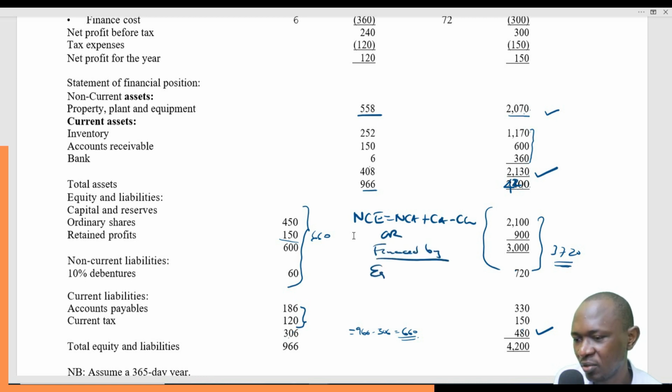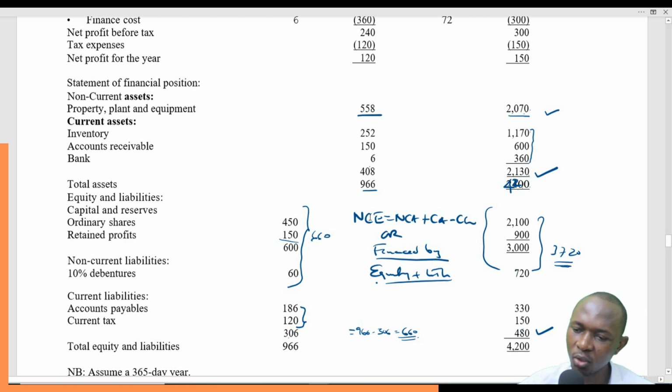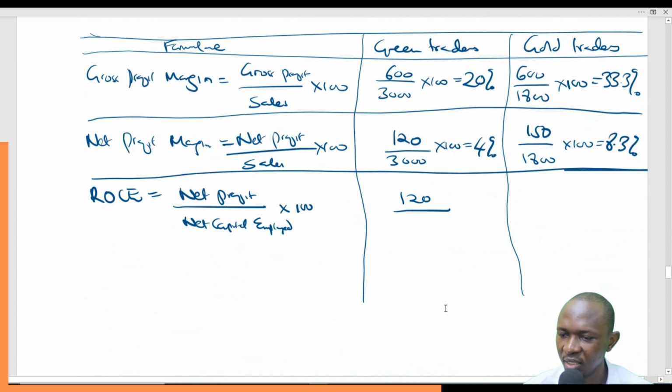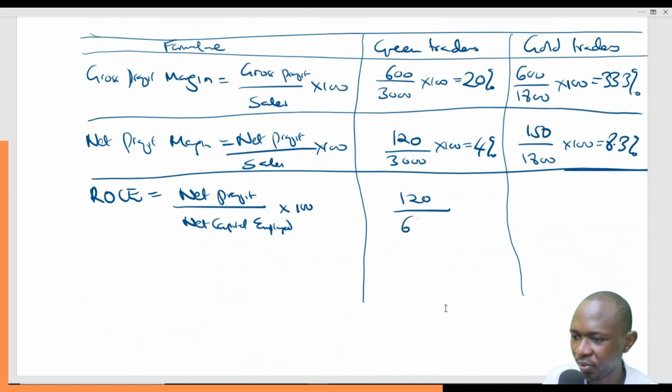And financed by section is equity plus long-term liability, which should give you the same answer. So in our case, you have 660 and that 720. Of course, the net profit remains the same.